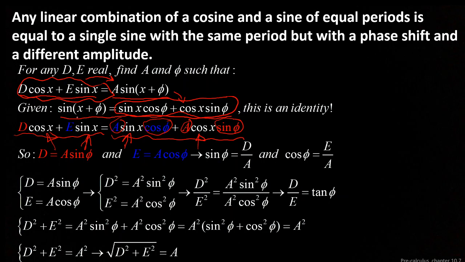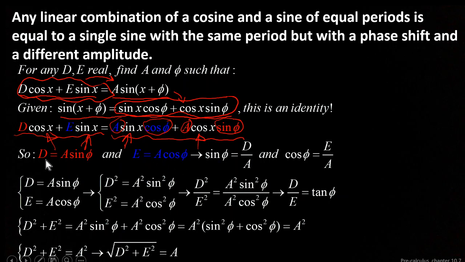So if you set d equal to a sine phi, which is a times that thing right here, and let e be a cosine phi, then this structure equals to this structure, right? So that's what we do.